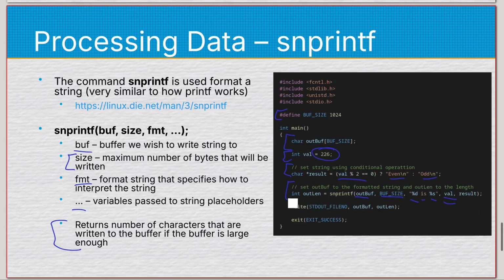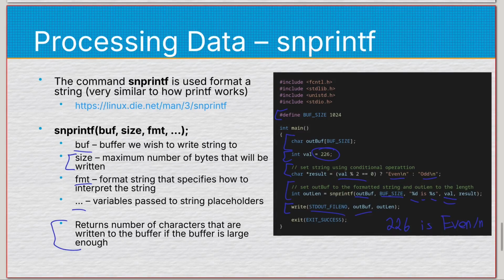So what I'm going to print out to the user in this write statement is to the actual standard output, outbuff, which I am setting using my s_printf. I am saying 226, that's a %d, is, again, just for the rest of the string, that %s will be even, and then \n, of course.